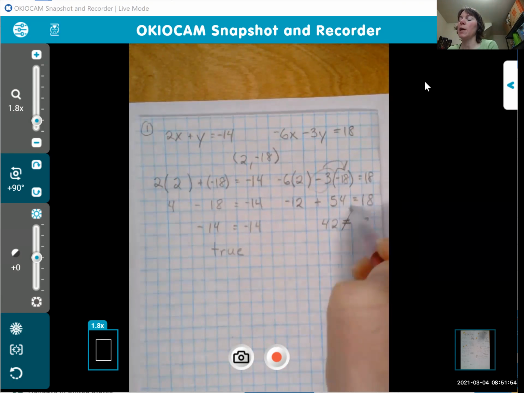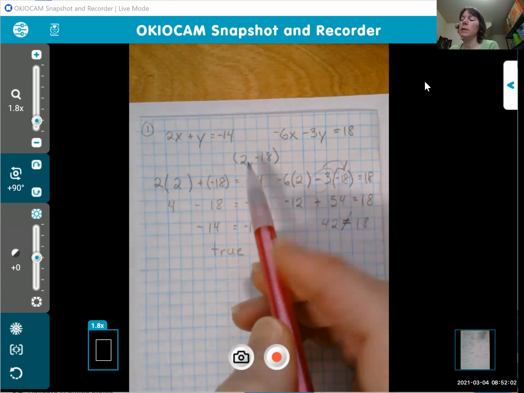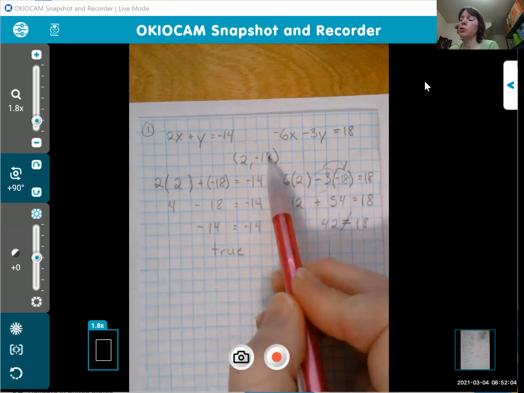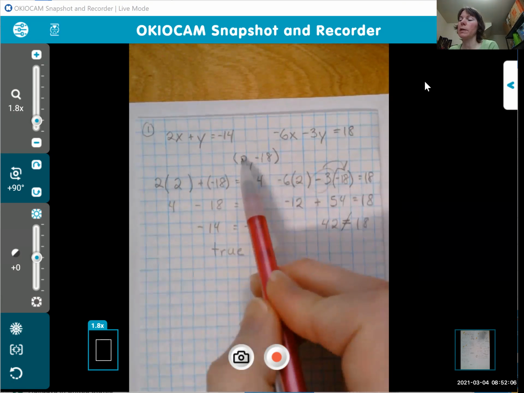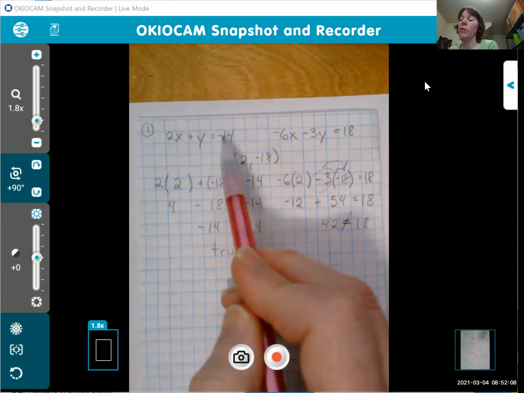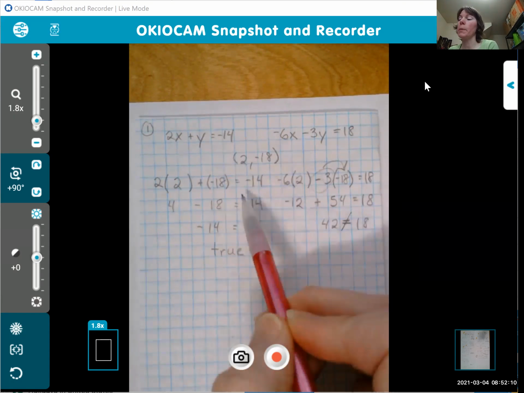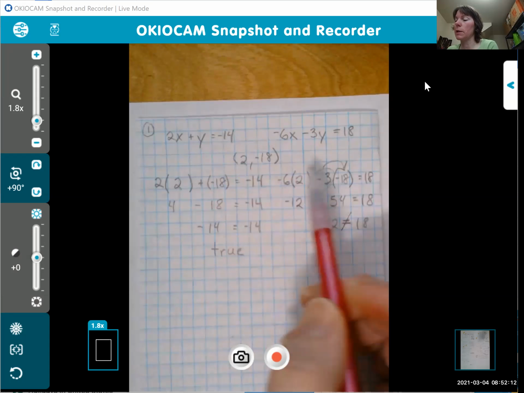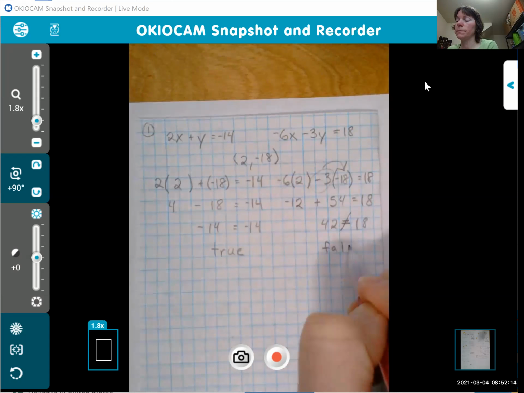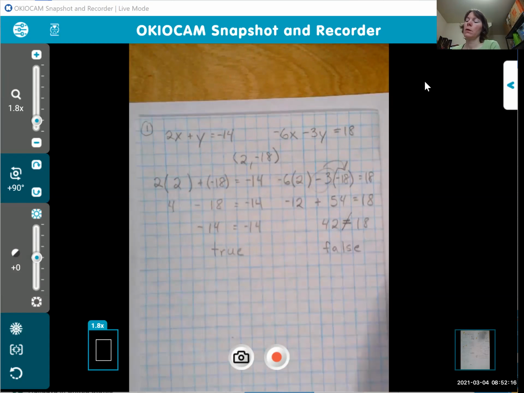This is a clear way of telling yourself that this is not a true statement. And now remember our question was, is it true or false that this solution satisfies this equation? And the first equation said, oh, that's true. But now we're finding an answer that is false. And both those answers matter.